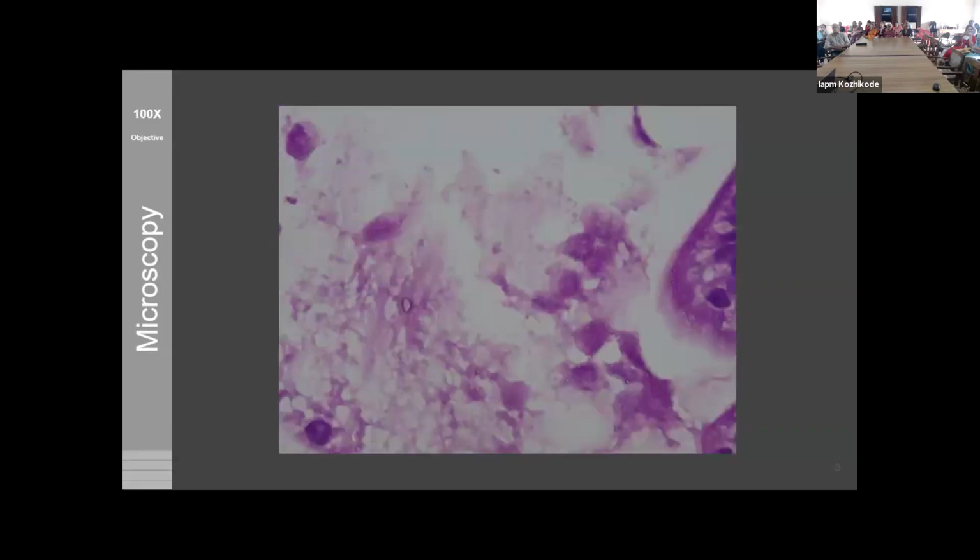When this section was viewed under oil immersion, it was found that these are pear-shaped organisms which were arranged in a falling leaf pattern in the lumen of the duodenum.